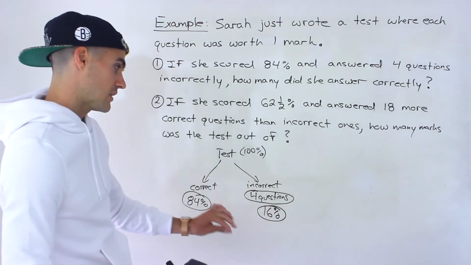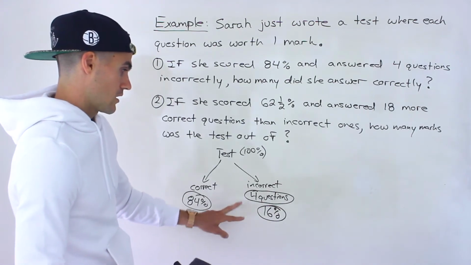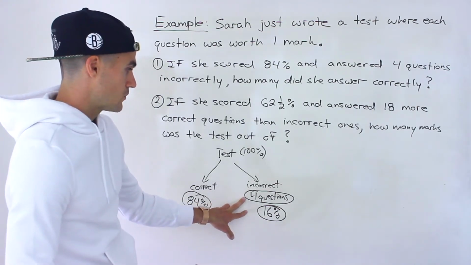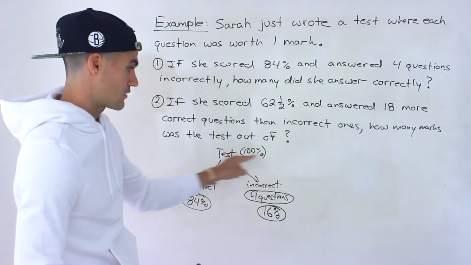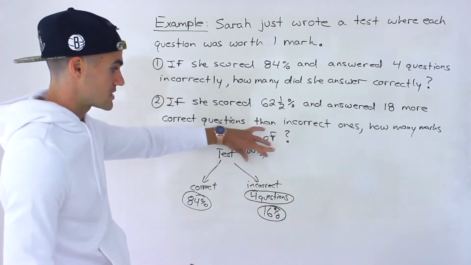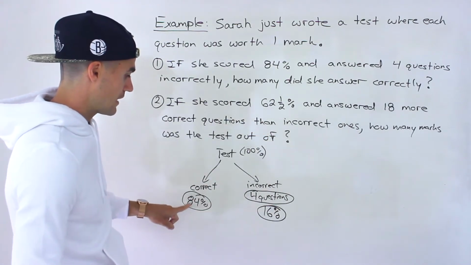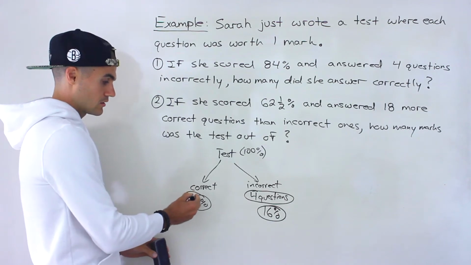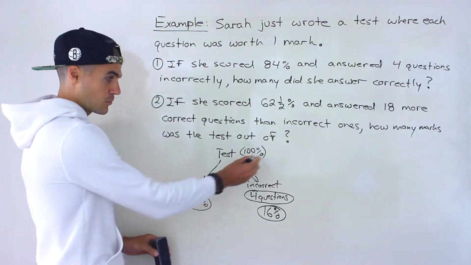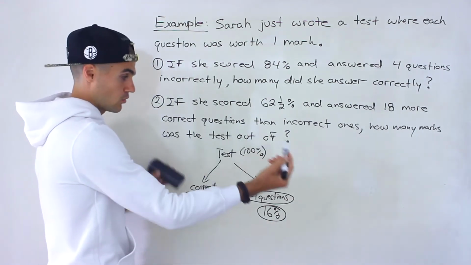And then actually from here, what we can do is with these 2 pieces of data, we can find out what the test is out of, how many marks the test is out of. And then once we know how many marks the test is out of, we can find out how many correct questions there are in terms of marks, 84% of how many marks the whole test is out of.